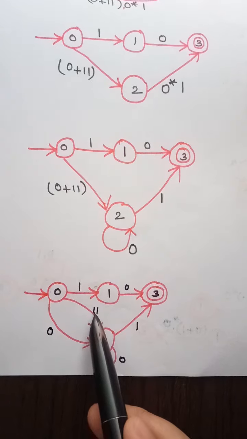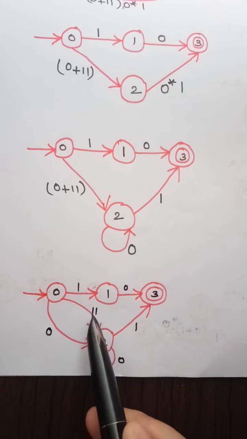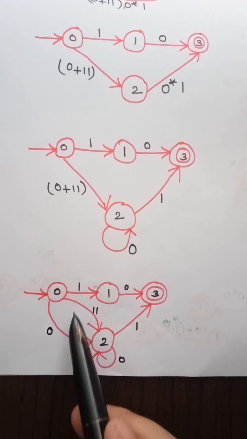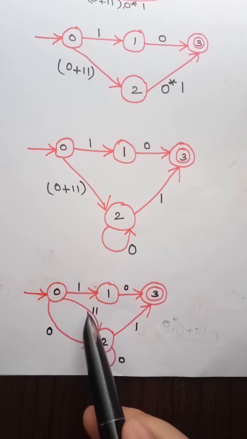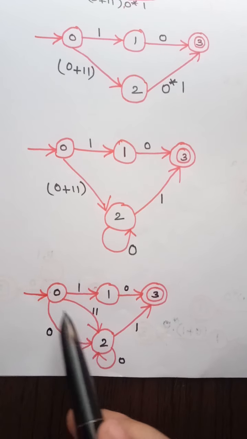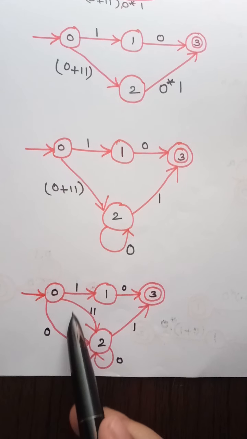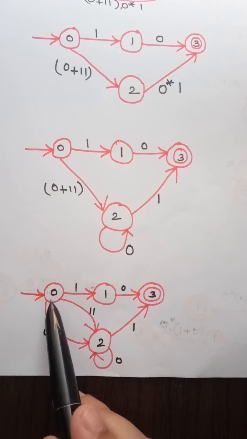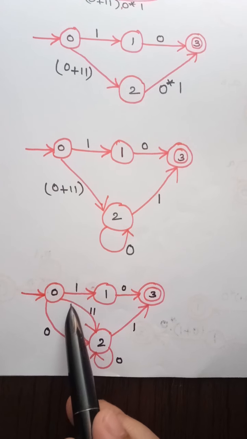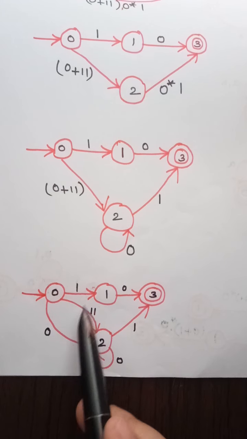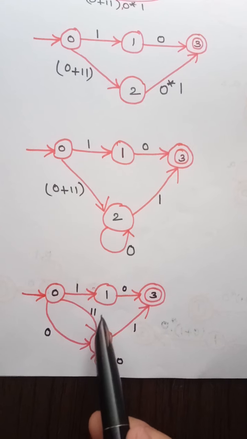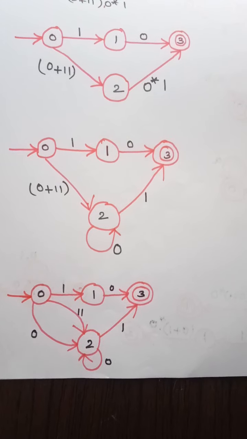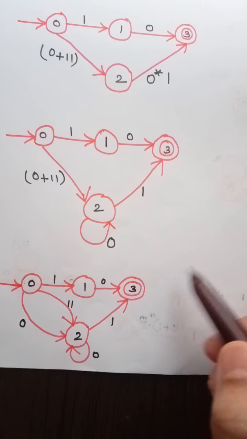Since concatenation is used here, we need to include one more state in between 0 and 2. For this state, from 0 to that state the input symbol is 1, and again from that state to state 2 another input symbol is 1. So how can we split this?